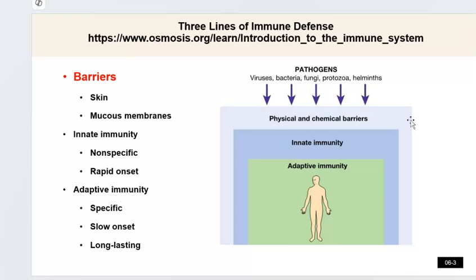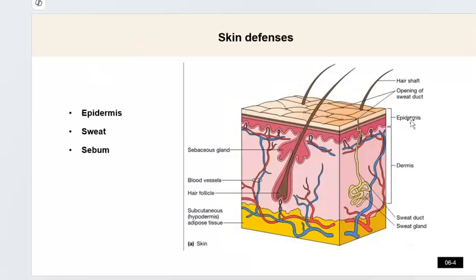We know that the skin is our primary source of defense. It's the first layer. The skin covers the outside of the human body with an outer layer of dead cells and then underlying layers of densely packed living cells, which is our epidermis and our dermis.